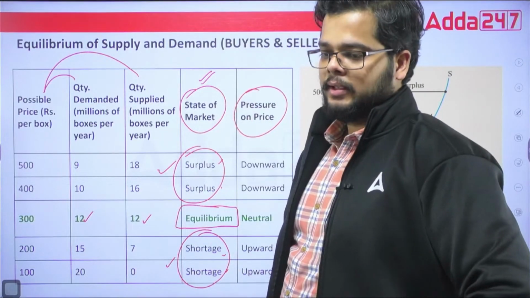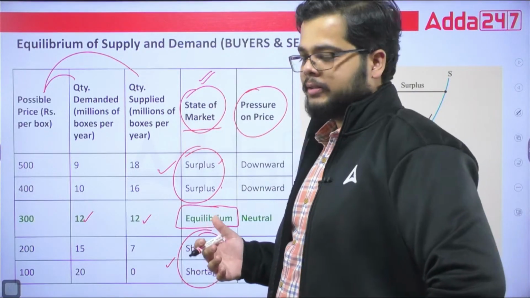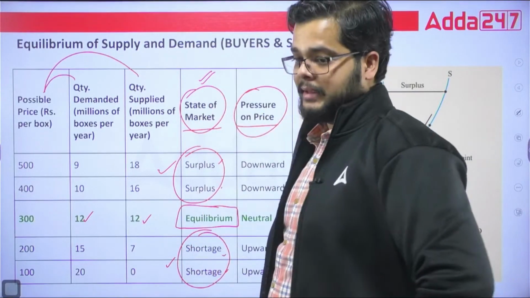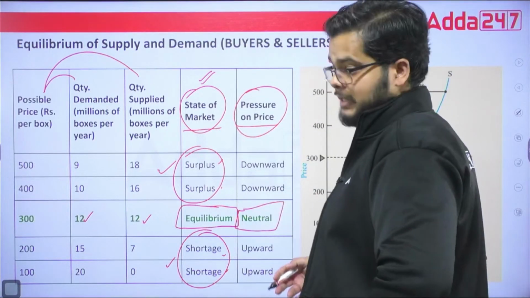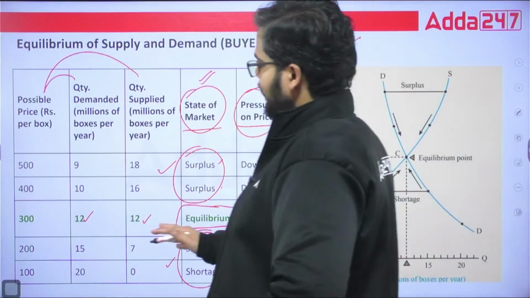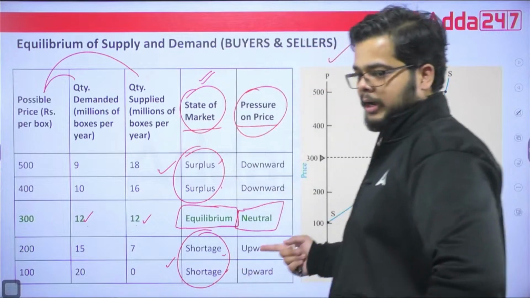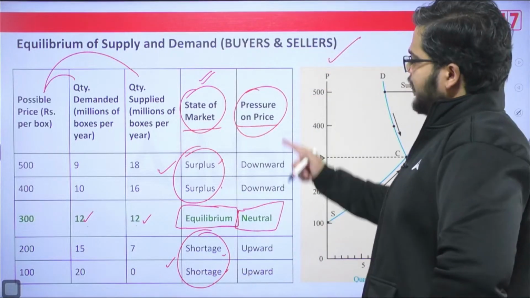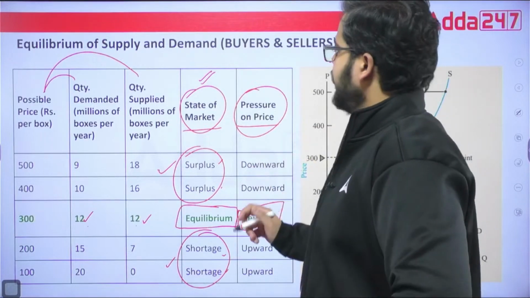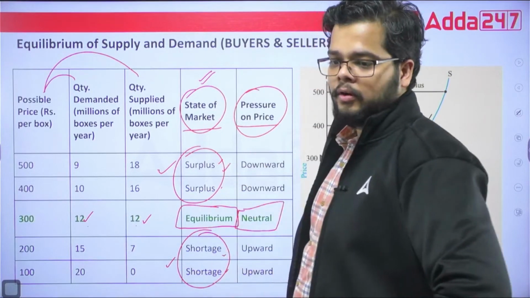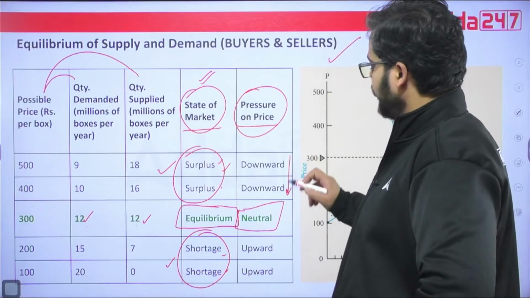Now we have seen the state of the market, we must know what the impact on the price is. The price is neutral, that is, it won't change, if theoretically the quantity demanded and supplied are equal. But if we talk about the pressure on price when there is a surplus of a particular product, then definitely prices will fall.